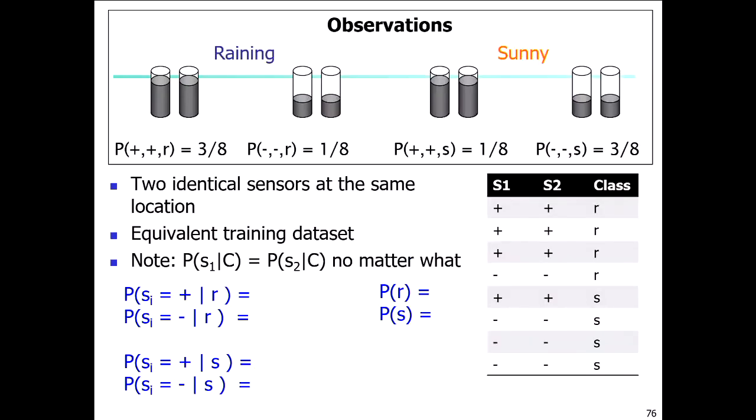So the probability of S_i equals positive given R is 3 out of 4, this one is 1 out of 4, and these two are both 1 over 2.